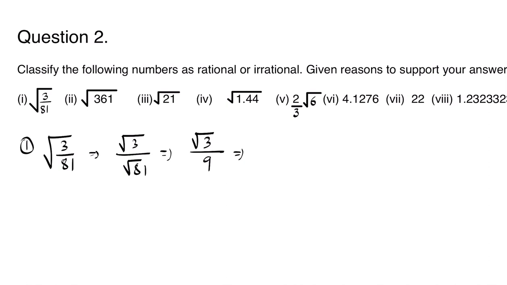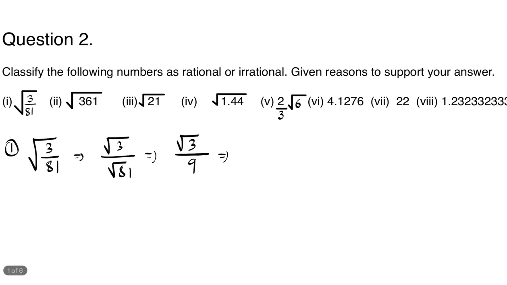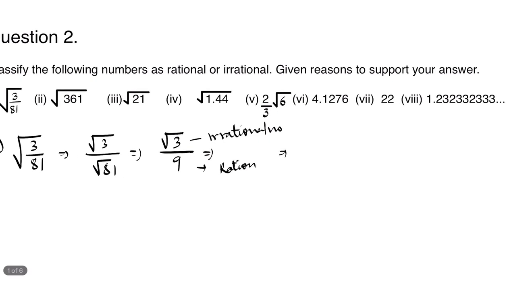Now, if we divide an irrational number by a rational number, then the answer is always an irrational number. So, root 3 is an irrational number and 9 is rational. Here we are dividing an irrational number by a rational number, so this is also an irrational number.